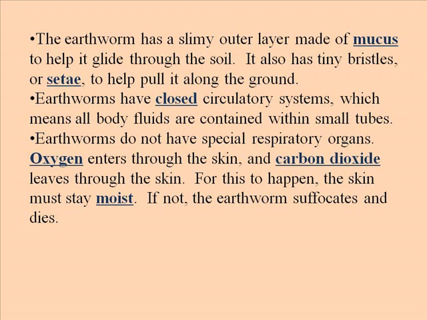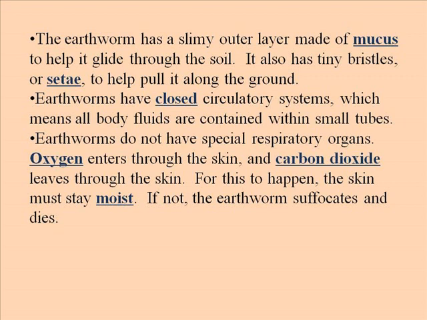Earthworms do have a closed circulatory system, which means they have a tube for the blood to pass through in their body. And earthworms do not have any type of special respiratory organs. Actually, oxygen enters the skin and carbon dioxide leaves through the skin through the process of diffusion.